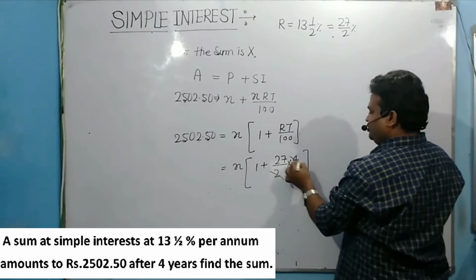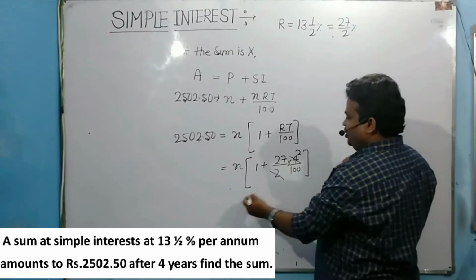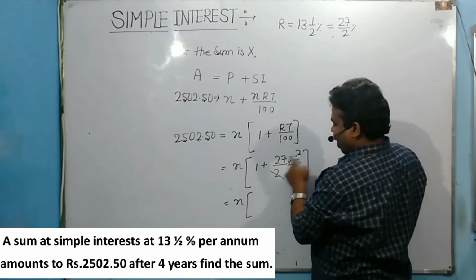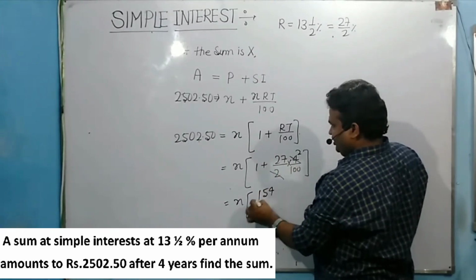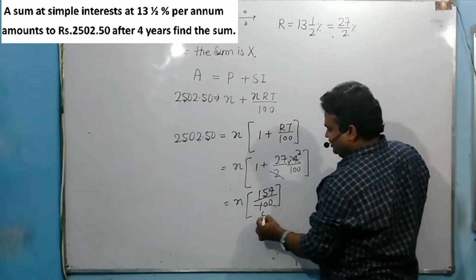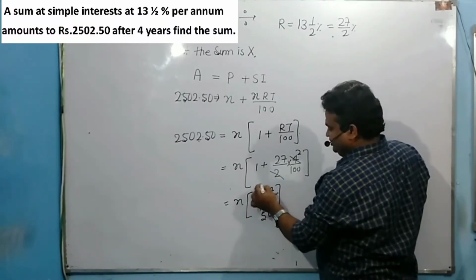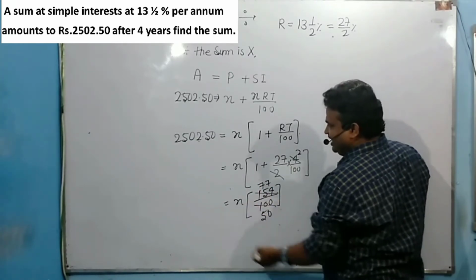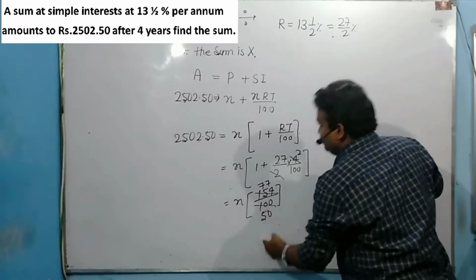The 2 times cancels. So now this is x times (100 plus 54) divided by 100, so 154 by 100. You can cancel it by 2, so 50 by 77. So what is x?